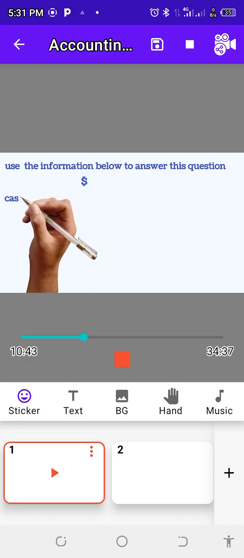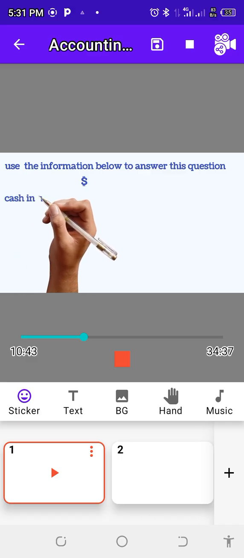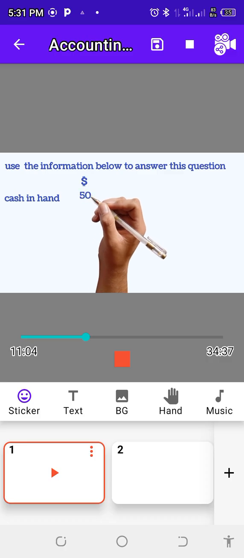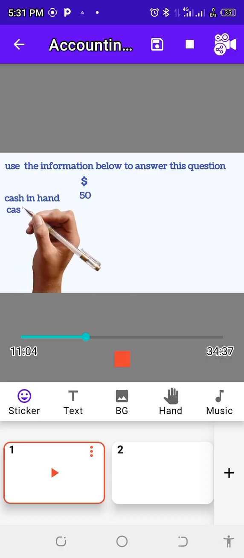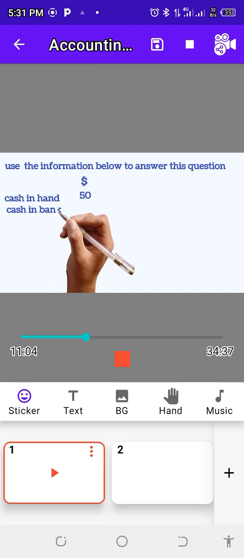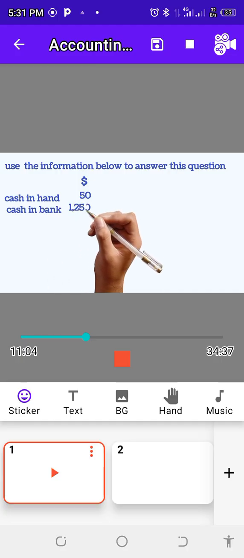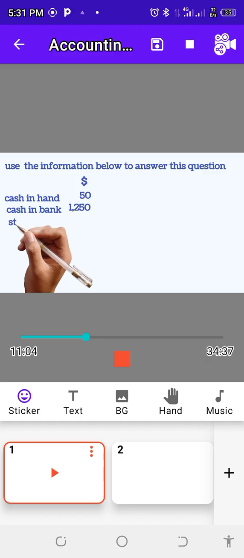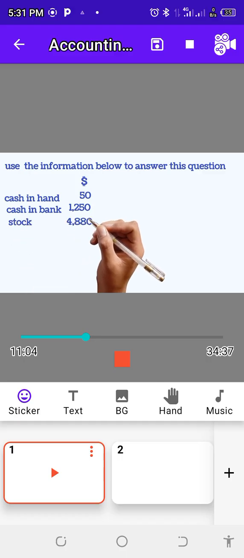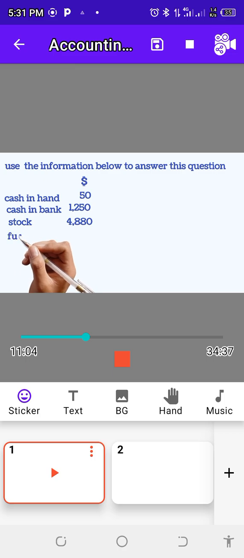This question says, use the information below to answer these questions. Cash in hand, $50. Cash in bank, $1,250. Stocks, $4,880.